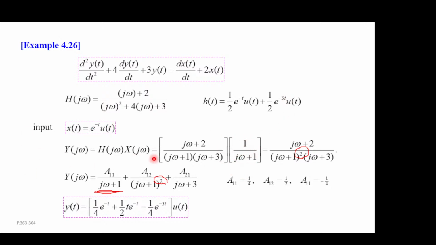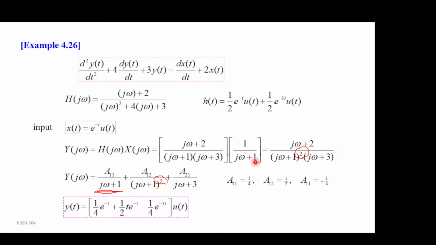So we know the frequency domain of this thing is 1 over j omega plus 1, and the frequency domain of the output is equal to big H times big X.